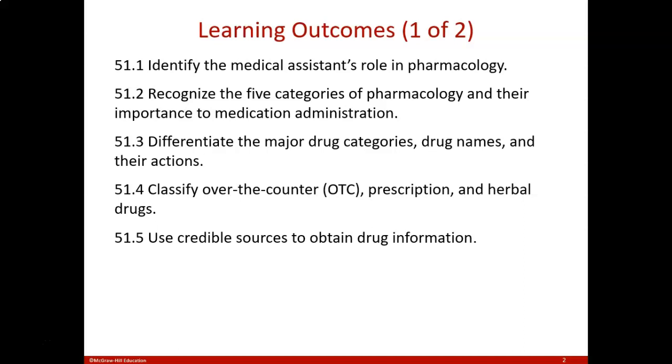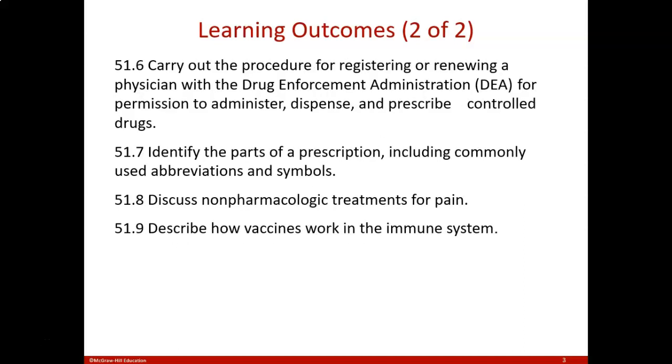Anytime you're looking up information on drugs, it's important to use a credible source. We'll talk about a few of the credible drug sources that are available. There's more than what's listed in the book, but we'll talk about a couple of them.